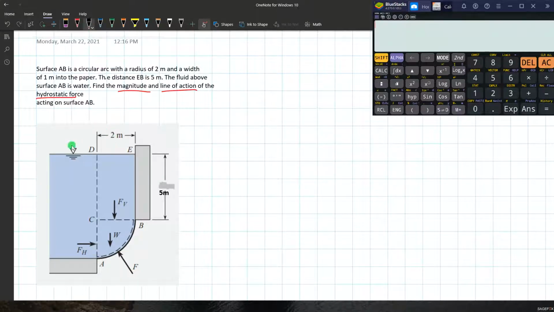The first question, we will determine first the magnitude, and the easier one is the horizontal force. So let's compute that first.